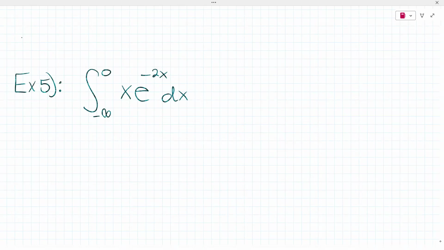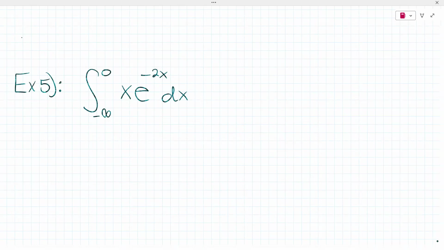So what rule is this? Our lower boundary is negative infinity, and our upper boundary is 0. So that would still be rule 2, right? Our lower boundary is negative infinity, and our upper boundary is a real number, 0.